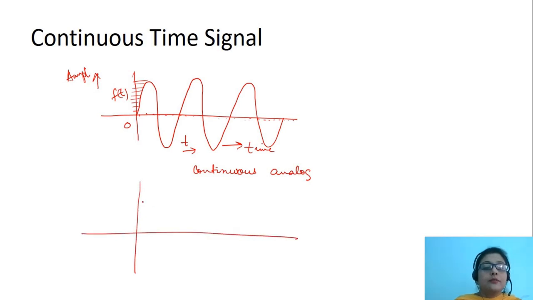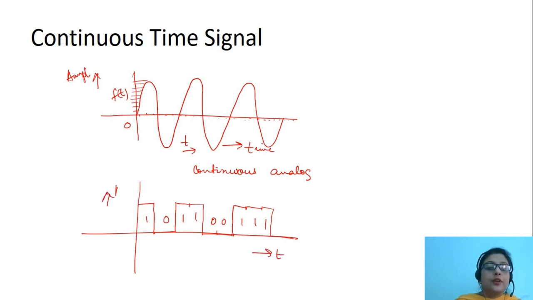We can also have a signal like this. 1, 0, 1, 1, 0, 0, 1, 1, 1. So this is the time axis. This is the amplitude axis. We can see here that there are only two levels. So this is again a continuous time signal because the signal exists at each and every instant of time.